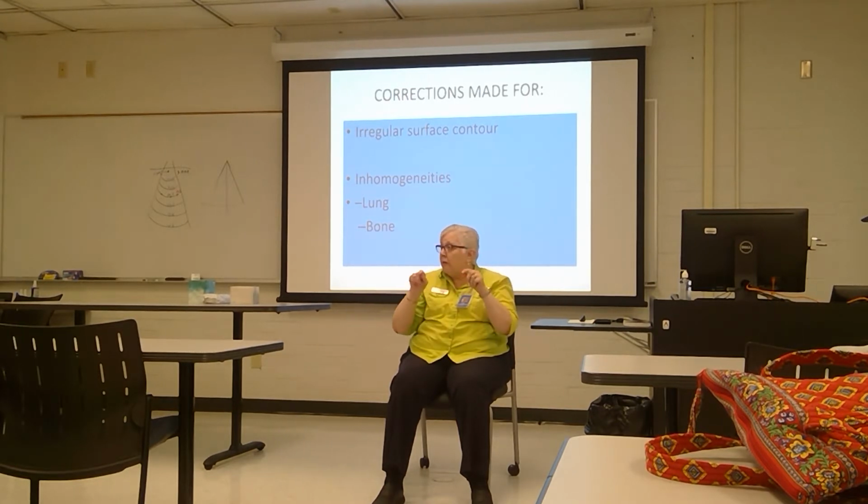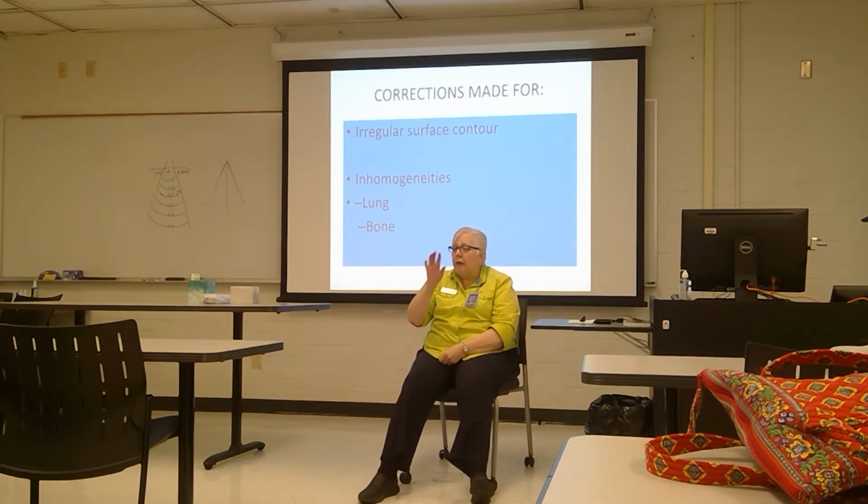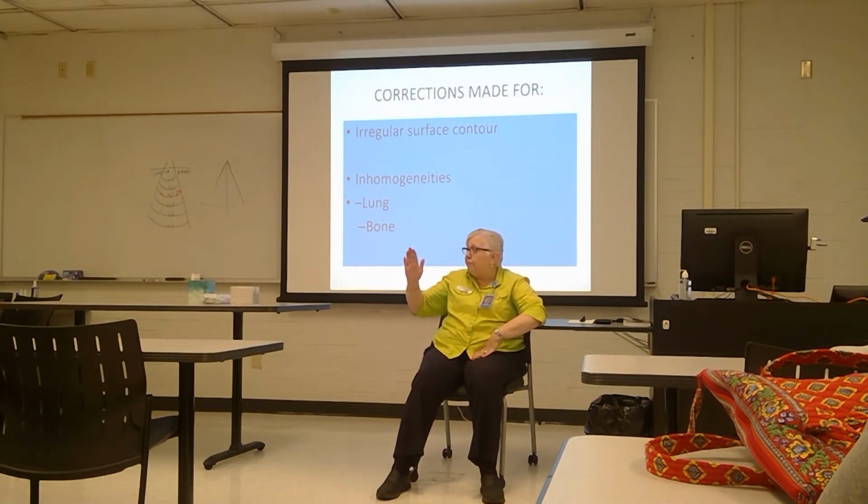So you'll see that it's the amount of time that the beam is on, or the tissue is exposed to the radiation, that determines whether you're using a 45 or a 60. If you're using a 15-degree wedge, it will open much faster than if you're using a 60-degree wedge.